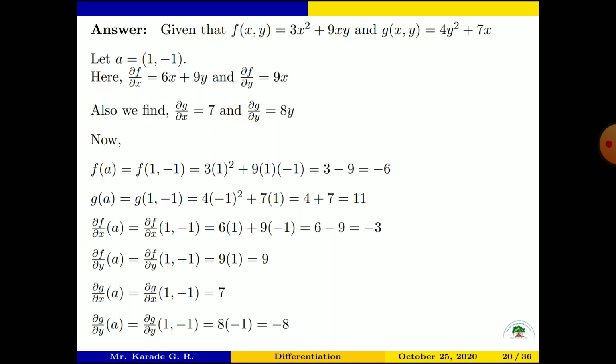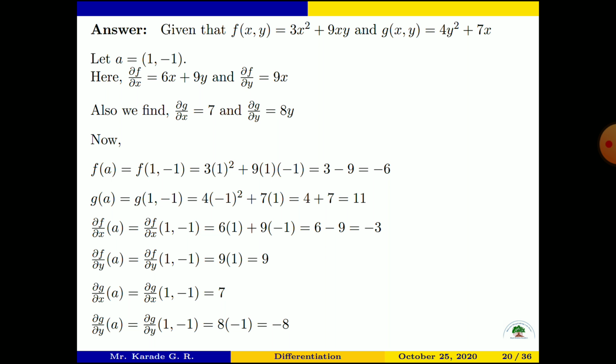Partial derivative of f with respect to y is 9x. Now also we find the partial derivative of g with respect to x, and it is 7, and partial derivative of g with respect to y, it is 8y.